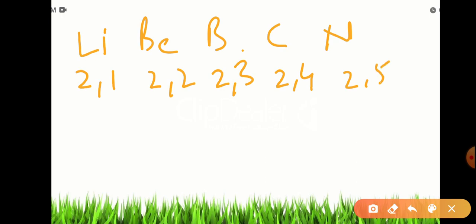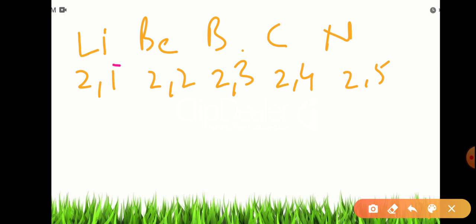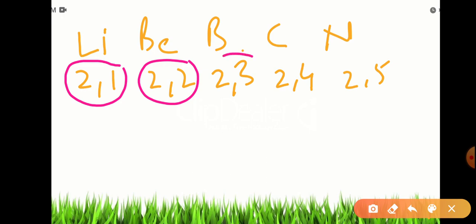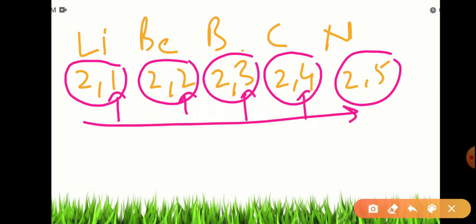If you analyze this situation, each and every element along the period has two shells. In the last shell one electron is added each time. If you move from left to right, one electron is added, so the number of electrons goes on increasing.